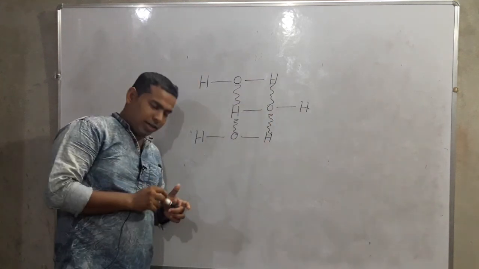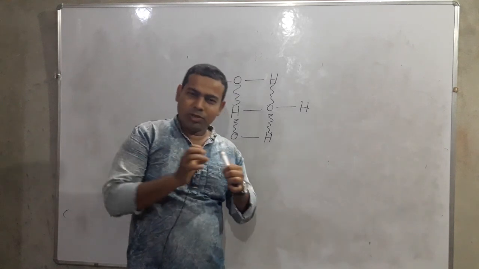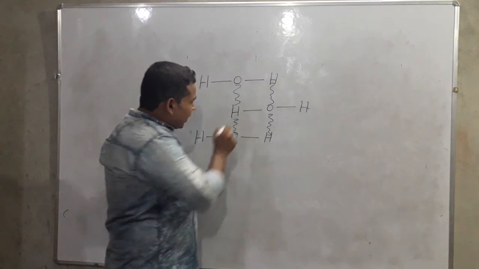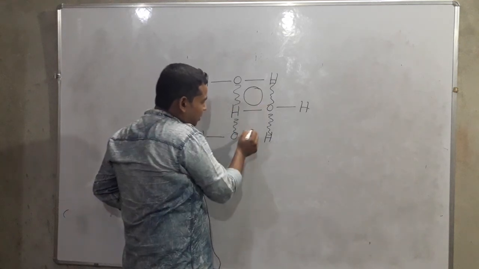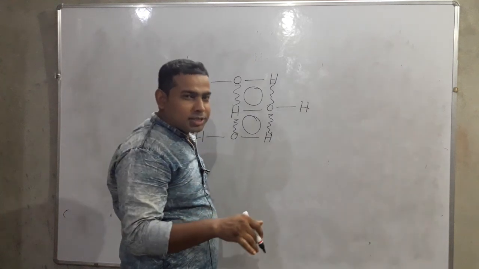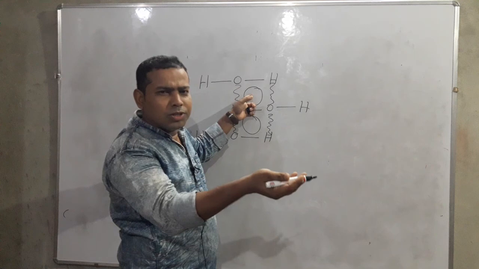When water is present in liquid state, that means water molecules move from one side to another side, or here this one is vacant space. This one is vacant space. So in liquid state, this vacancy is filled up by another H2O molecule.